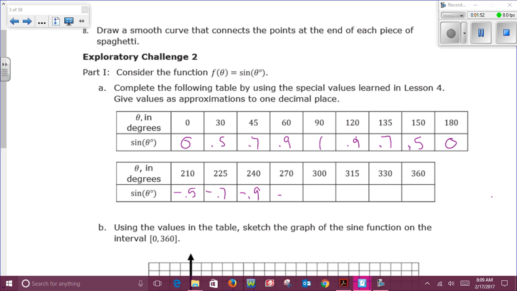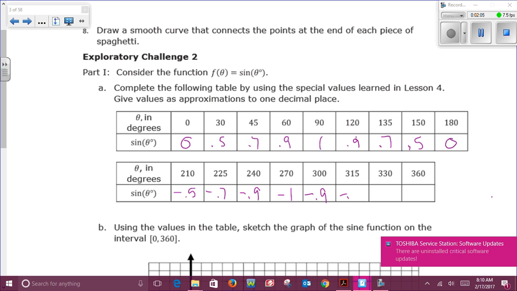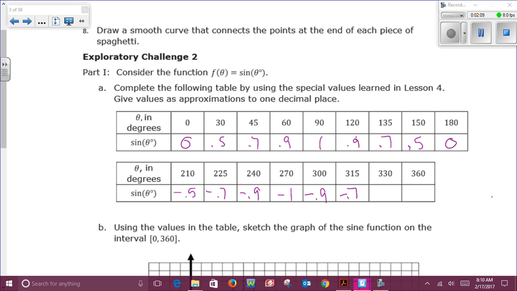Sine of 270 is -1. 300 has a reference angle of 60, and we're in quadrant 4, so it's negative 0.9. 315 is a reference angle of 45, so it's negative 0.7. And 330 has a reference angle of 30, and it's in quadrant 4, so it's negative. And then 360 is the same as 0.